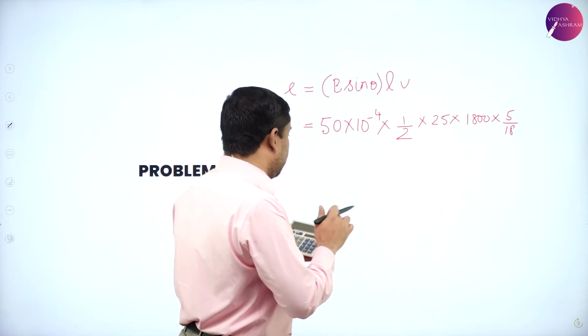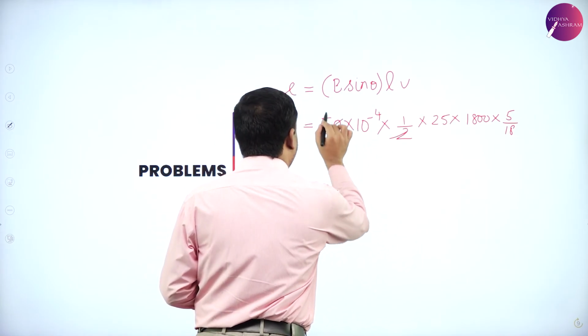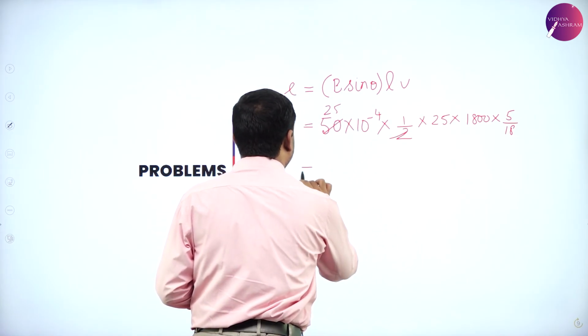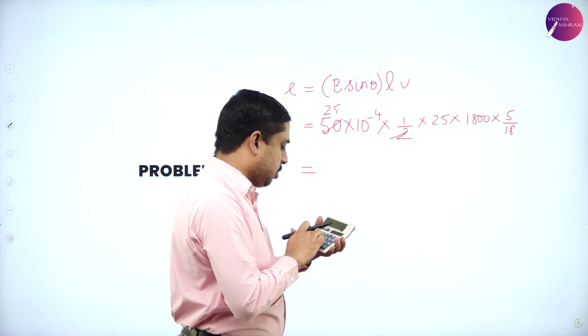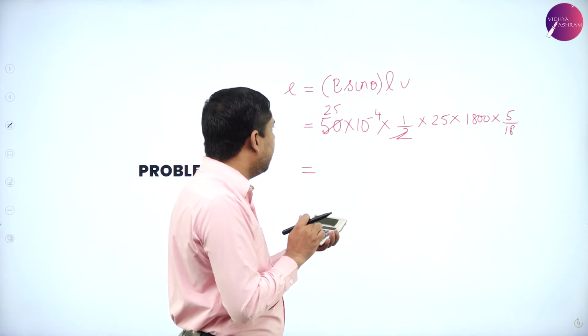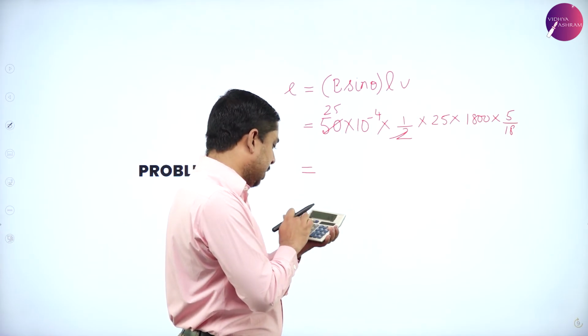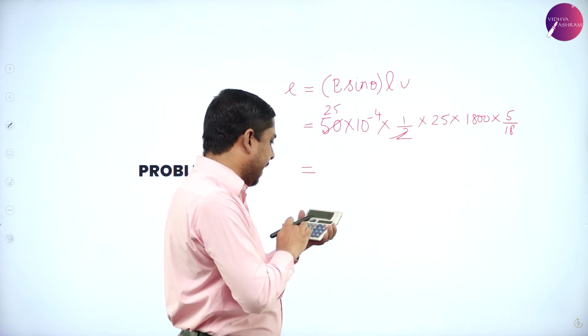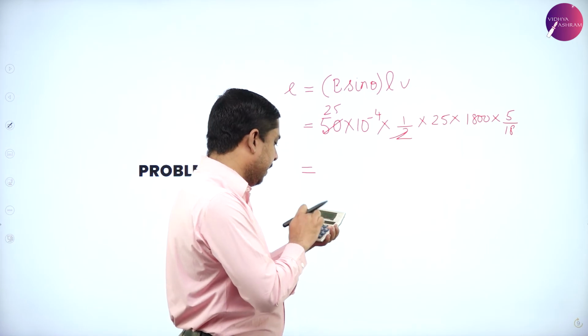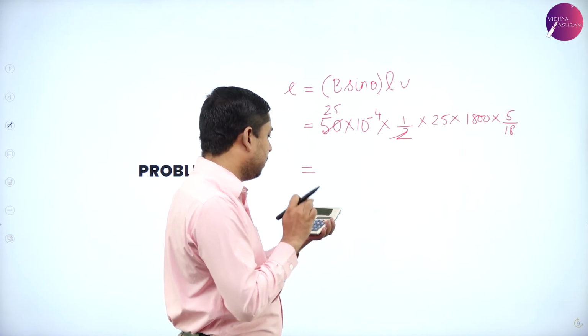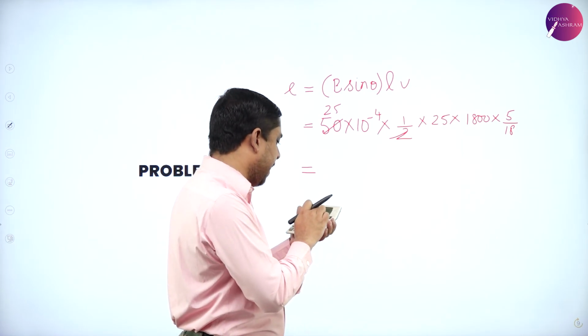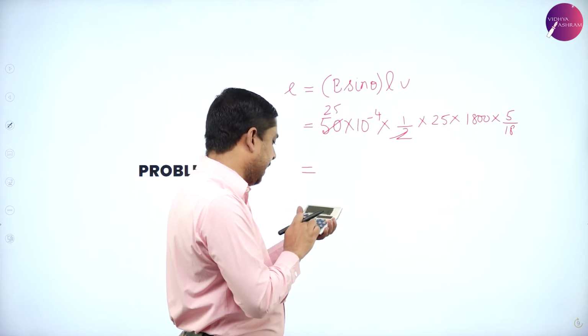So this is 25 into 25 into 1800 into 5 divided by 18.